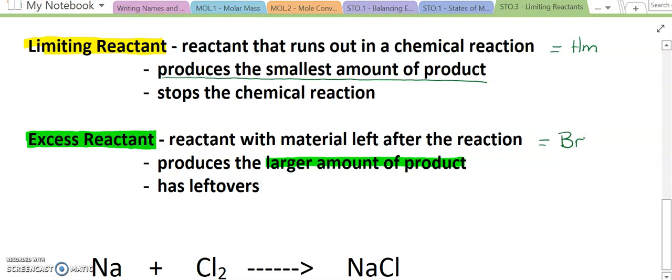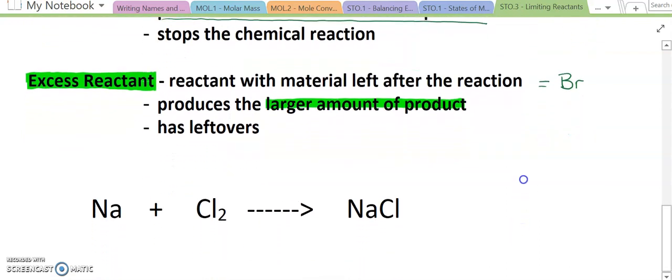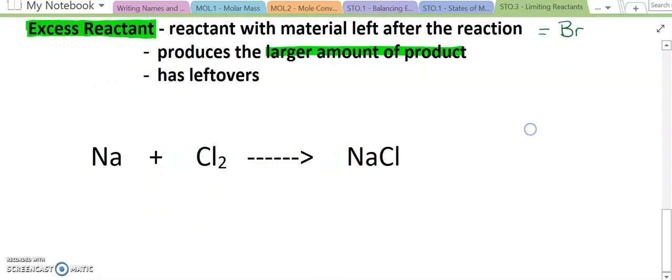So when we take a look at any chemical reaction, if I'm going to look at making table salt, NaCl, this is going to be my source of Na, and this is going to be my source of Cl. But when one of these ingredients runs out, there's no way possible for me to make NaCl.